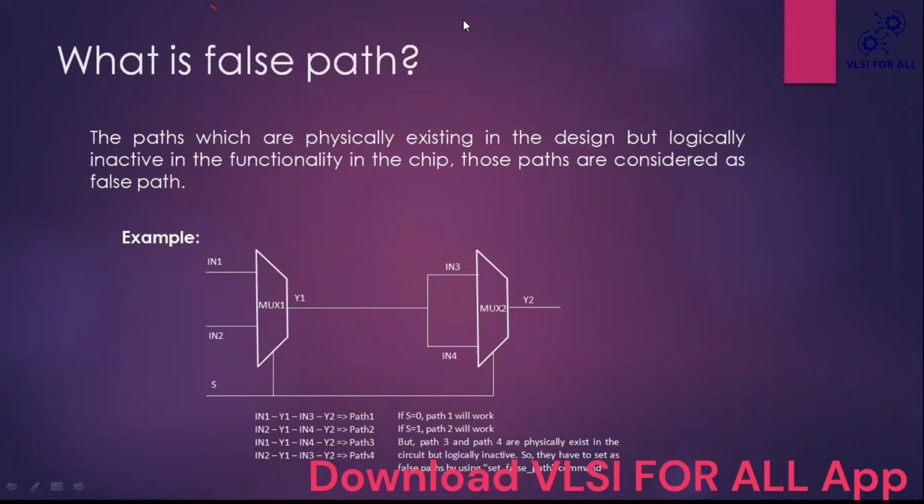False paths are the ones which are deactivated. If I mention a false path for path 3, it will avoid timing calculation for this path, in1 y1, in4 y2.